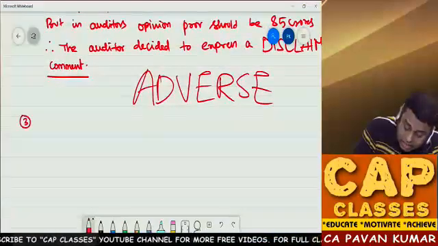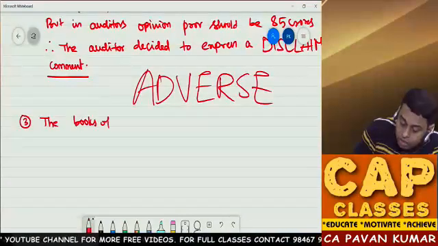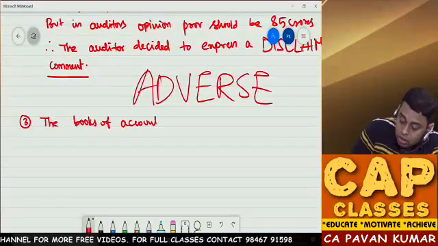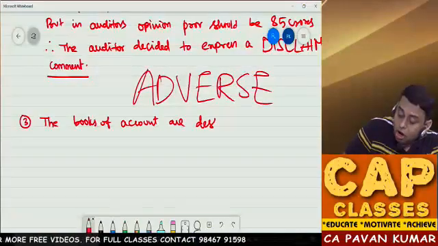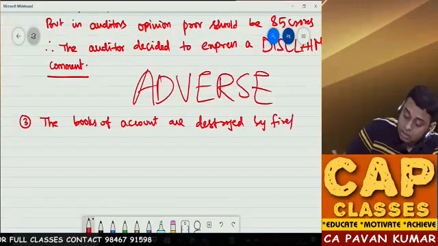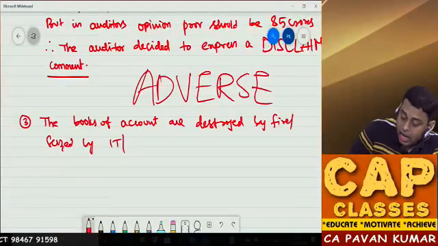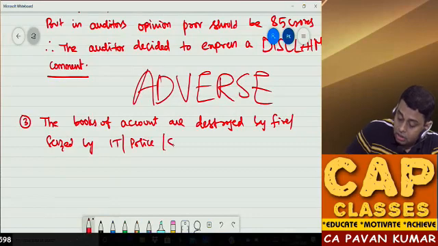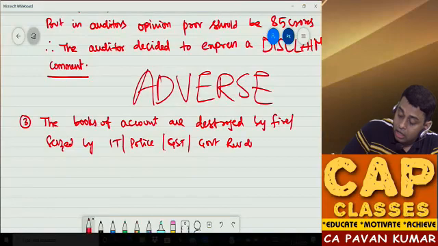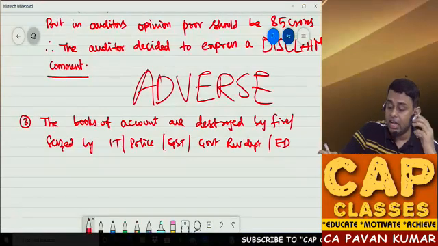Then the next example is the books of account. The books of account are destroyed by fire, or seized by income tax, police, GST, or some government revenue department, enforcement directorate, money laundering case, CBI.